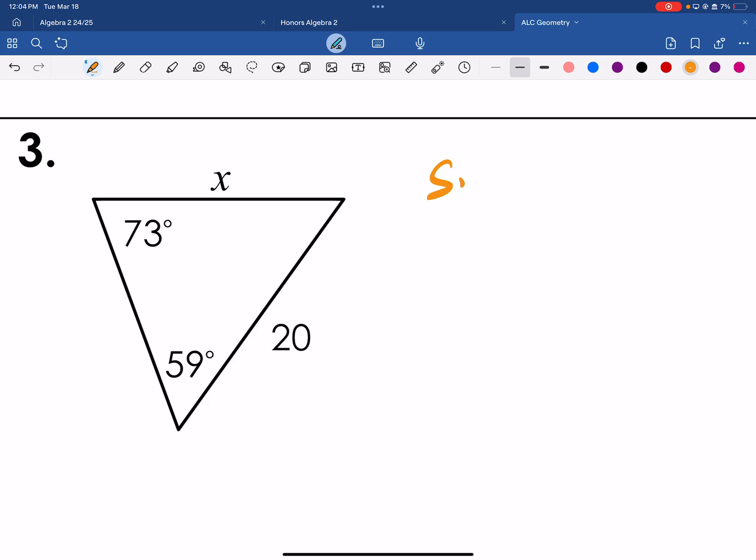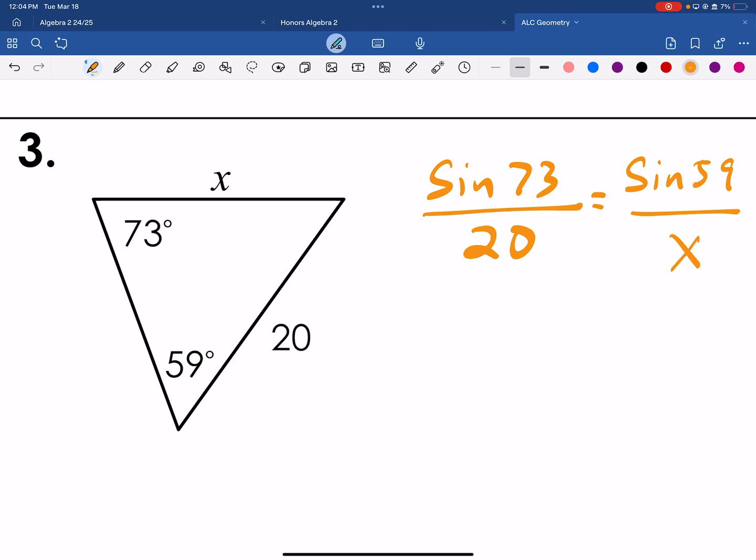So sine of 73 over 20. That look right? Equals the sine of 59 over x. Can everybody set this up? Are we good setting this up? Okay, cross products.